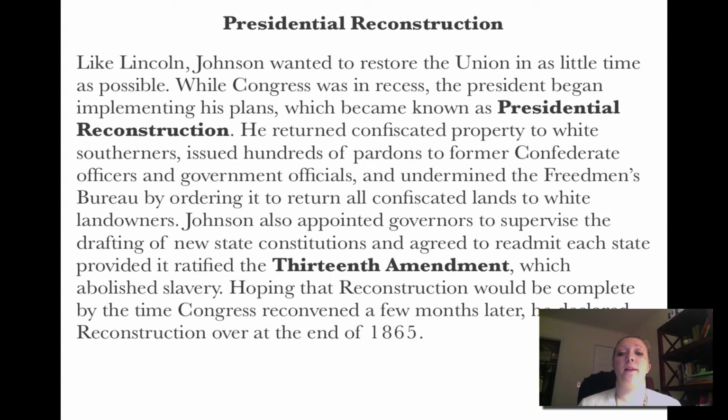Johnson also appointed governors to supervise the drafting of new state constitutions and agreed to readmit each state provided it ratified the 13th Amendment, which abolished slavery. Hoping that Reconstruction would be complete by the time Congress reconvened a few months later, he declared Reconstruction over at the end of 1865.